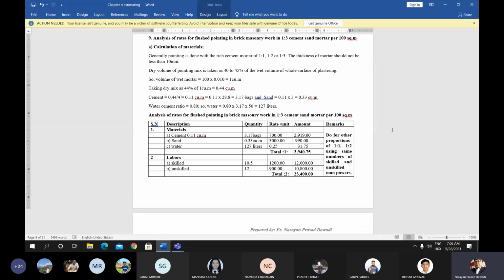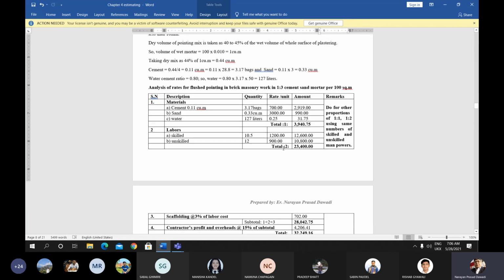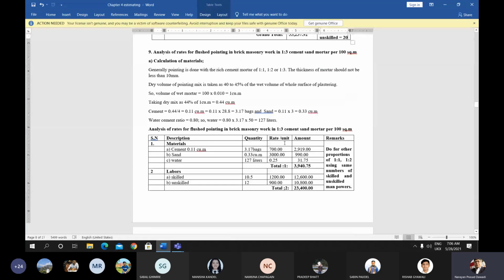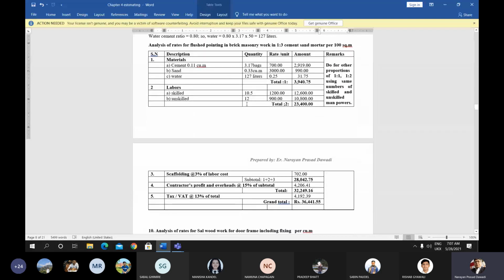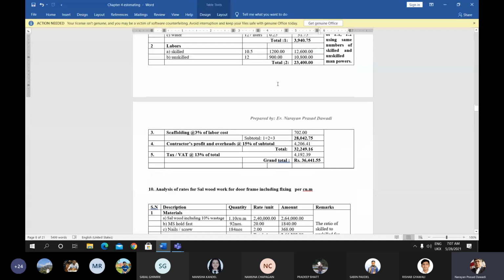It is done using the pointing material, a pointing device, to make the wall more decorative in all the joints of the brick masonry or stone masonry to be covered by the pointing, and the work is done at a slower rate than plastering. So the quantity of material and labor will be higher. And this is per person.